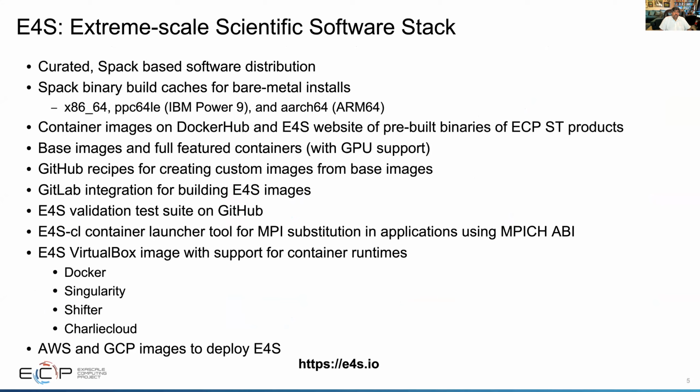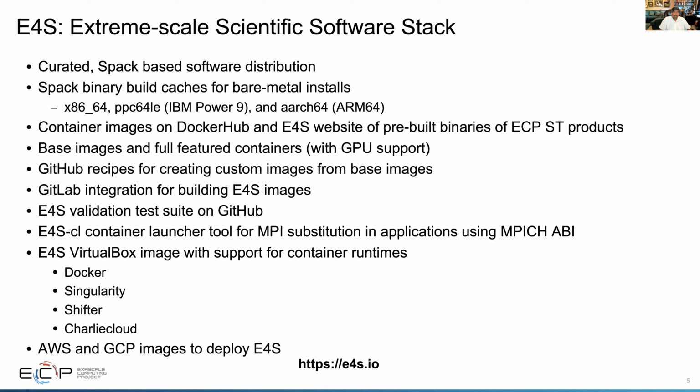And we have container images on Docker Hub and the E4S website of pre-built binaries of ECP software technology products. We have base images as well as full-featured containers, which support GPUs. We have recipes for creating custom images from base images. We also have integration with GitLab for building the E4S images. And we have a validation test suite on GitHub.